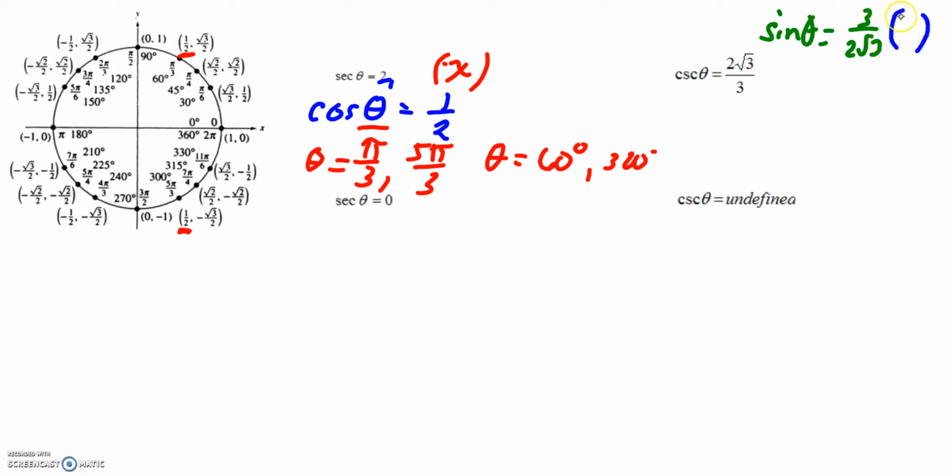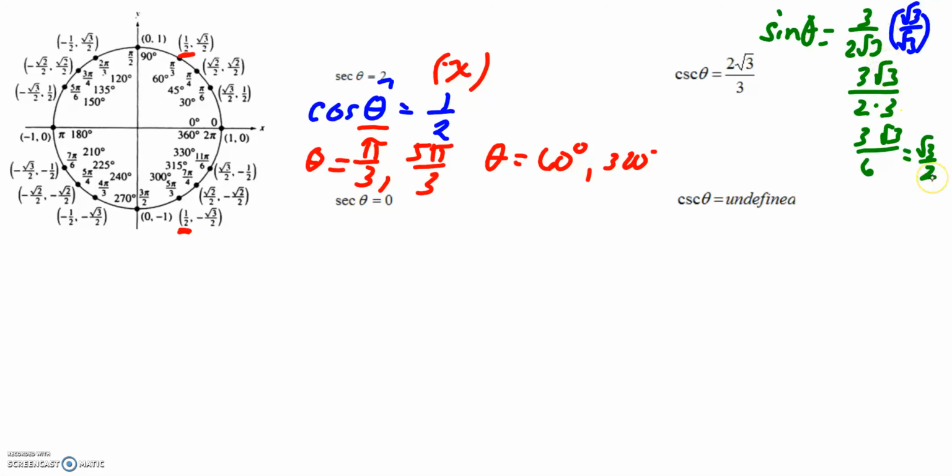So if I rationalize and multiply top and bottom by root 3, I would get 3 root 3 on the top, and then, now this is interesting down here, root 3 times root 3 is 3, but then we're still multiplying by 2. So this is really 3 root 3 over 6, which, 3 divided by 6 gets me a 2 in the denominator. So this is really root 3 over 2.